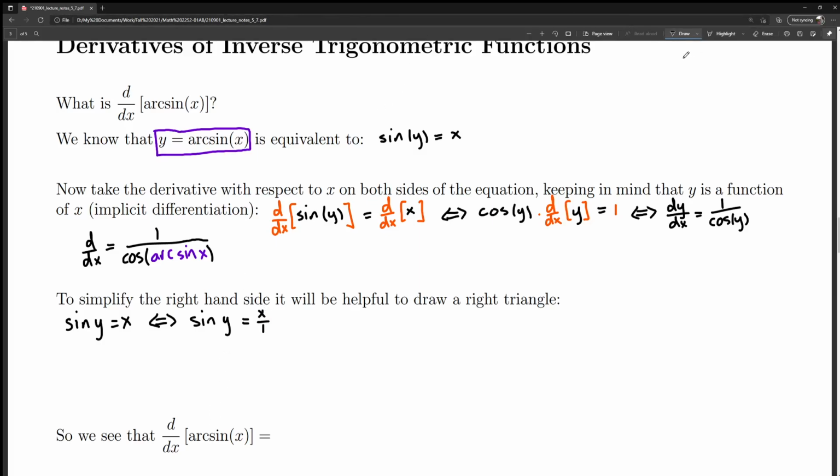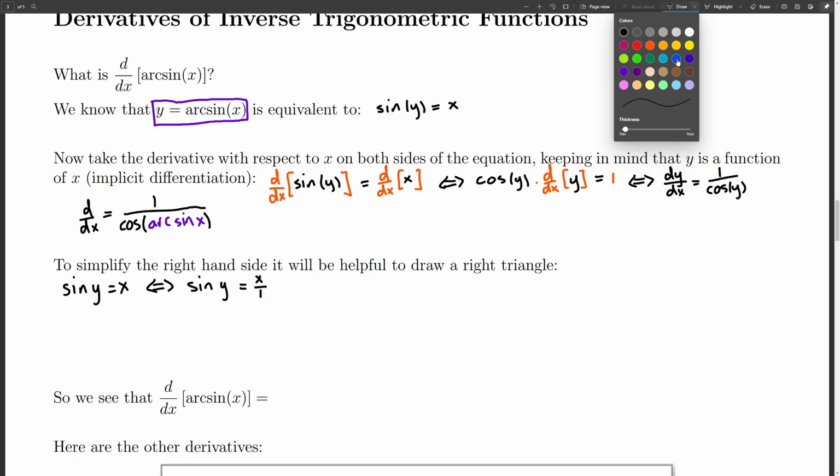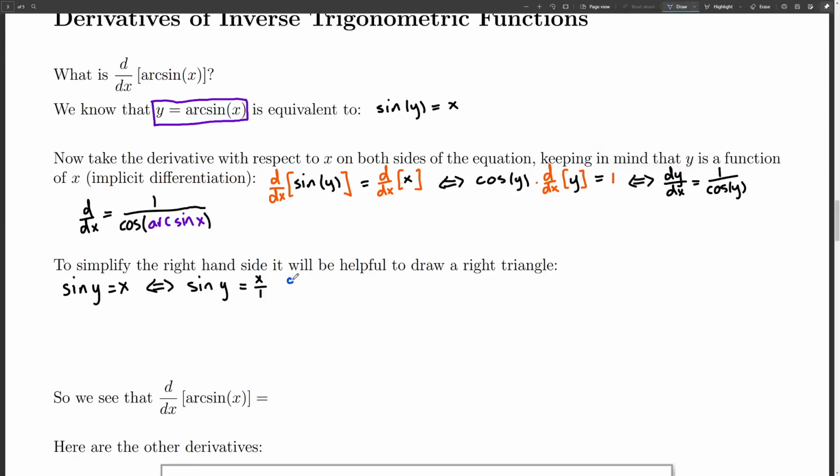Now, I also know that sine of y is opposite over hypotenuse. So I can draw a triangle where the opposite side is x and the hypotenuse is 1. So here's my triangle.